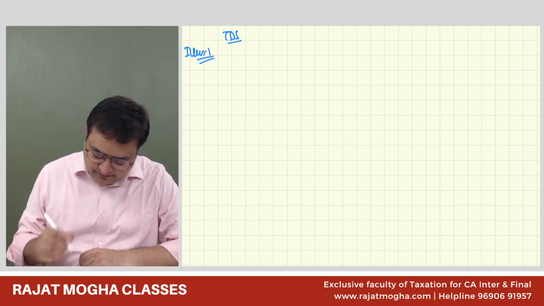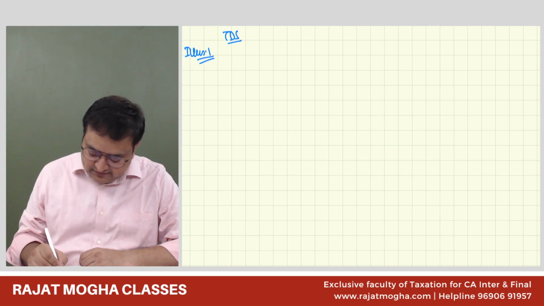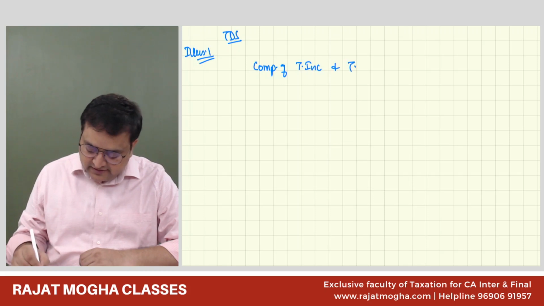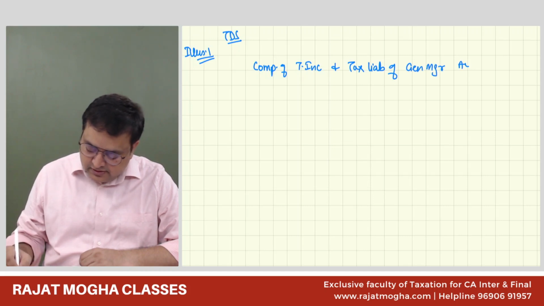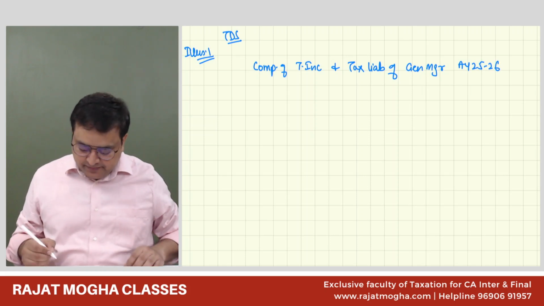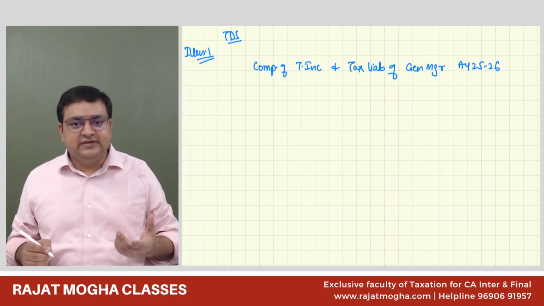TDS. So his computation of total income and tax liability of general manager, assessment year 25-26. He's following optional regime. So what he's receiving, just the salary income.